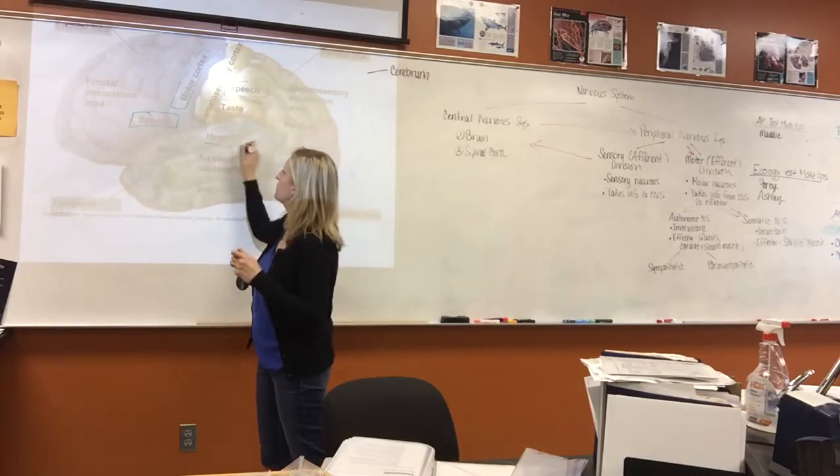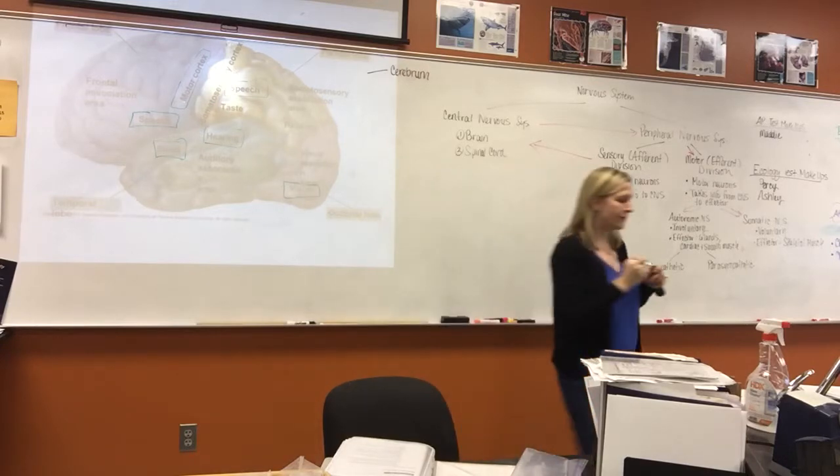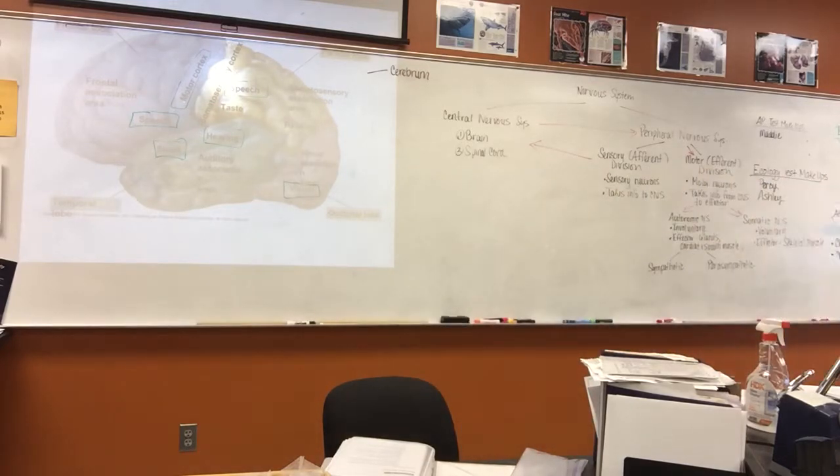Temporal lobe is both hearing and a little bit of smell as well. So I'm going to want you to know the basics of what those lobes are involved in, and that different parts of the brain are specialized for different sensory input and interpretation. All right, so that's part of the cerebrum.